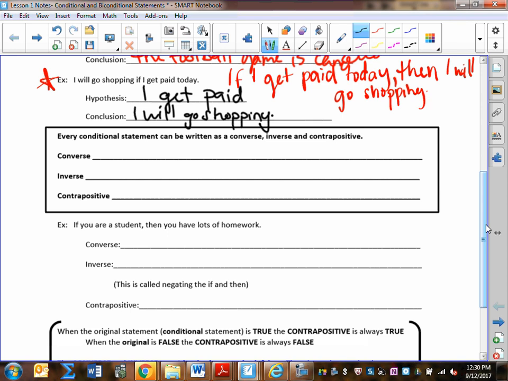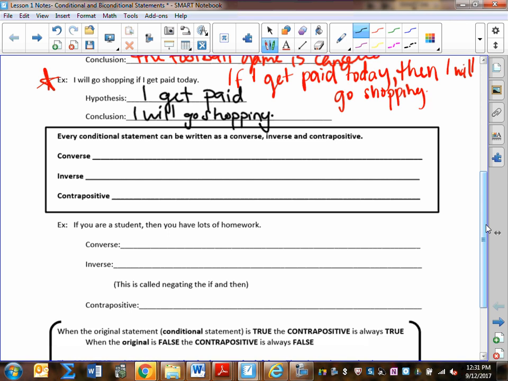Well, if I look at this example here, it says, if I get paid today, then I will go shopping. Can I necessarily assume then that if I go shopping, that means I got paid? Is that always the case? Not necessarily. And so what I just did there was the converse. I flipped the order. So I know here, if I get paid today, then I will go shopping. But do I know the other way around?